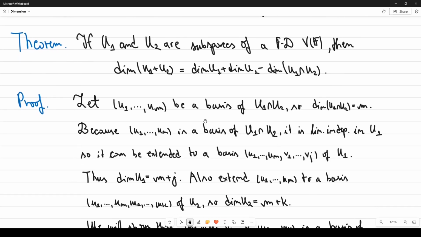Now we have the following result. If U1 and U2 are subspaces of a finite dimensional vector space V, then the following holds. If we want to calculate the dimension of U1 plus U2, we can do so as follows: the dimension of U1 plus the dimension of U2 minus the dimension of their intersection.